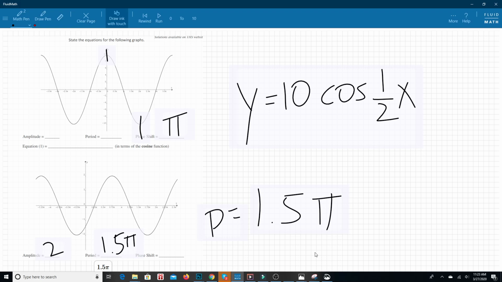Will I? No, because I'm off right here by about 0.5, so the phase shift is going to be about 0.5. Yeah, 0.25, that's the phase shift.